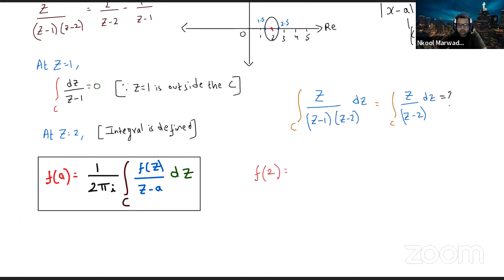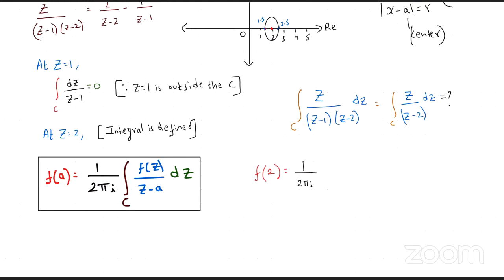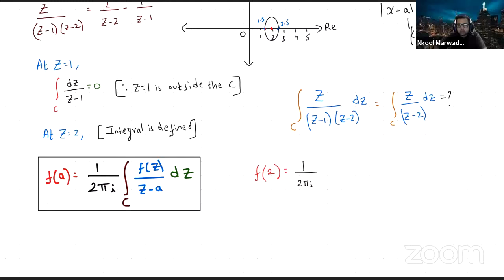Now we are relating this formula. So a is 2, so z minus 2, 2 pi I, this is a constant, I have to write it as it is. Then this will become integral over c, that's the contour, then f of z dz.